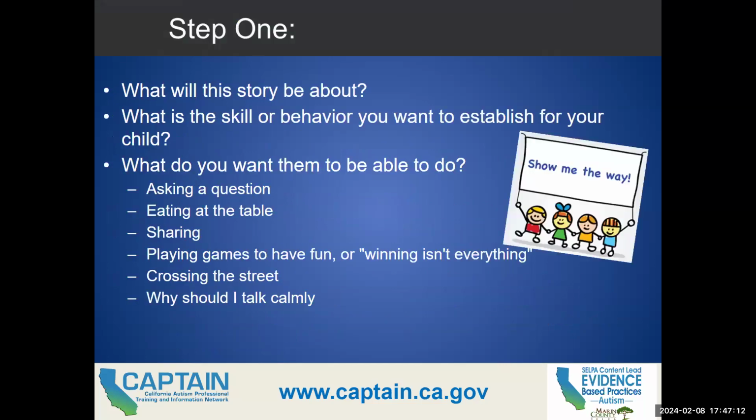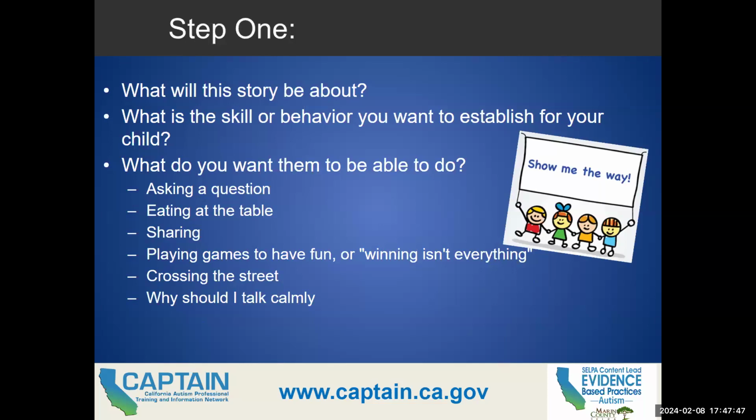And so the next thing we want to think about is, what is the story about, right? So what is the skill or the behavior you want to establish for your child? Okay, what do you want them to be able to do? Do we want them asking a question instead of blurting out in class? Do we want them eating at the table instead of pacing while they eat? Do we want them sharing their toys or the basketball? That's a big one. I've noticed a lot that the kids don't like to share their basketballs. So sharing could be a really good one. Maybe they get upset when they don't win.